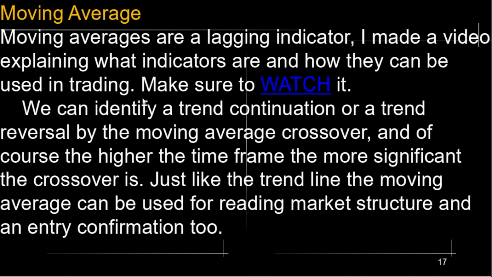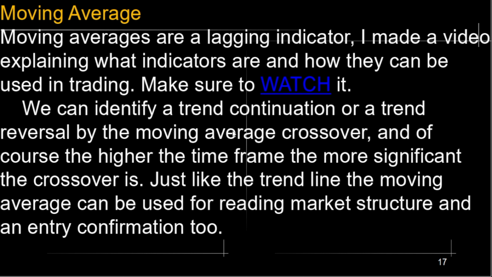We go to the next point on how we can identify market structure, and that is using moving averages. Moving averages are a lagging indicator. I made a video explaining what indicators are and how they can be used in trading. Make sure to watch it. Here's the link to the video.